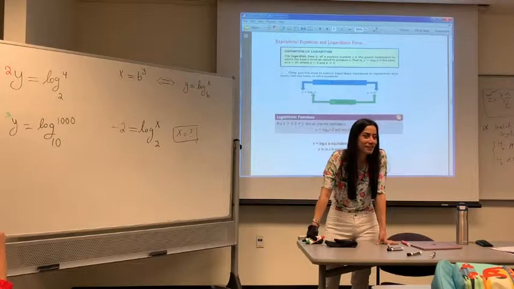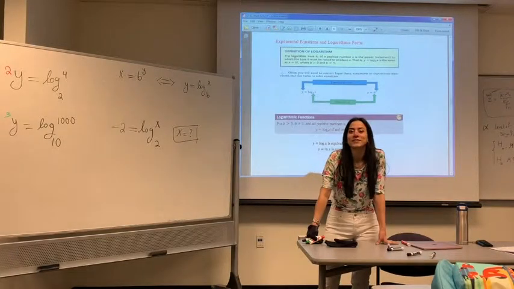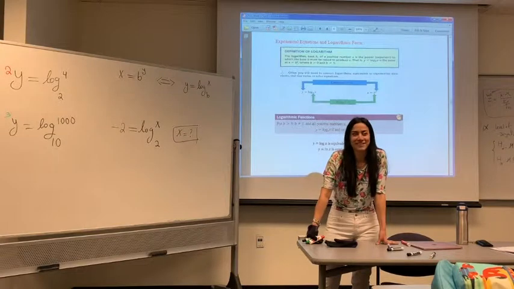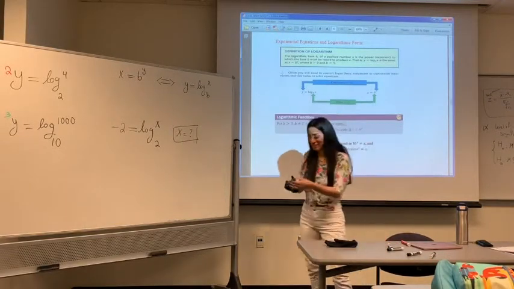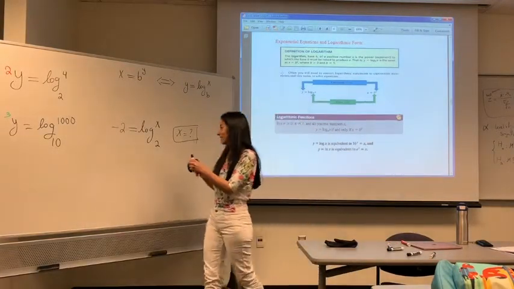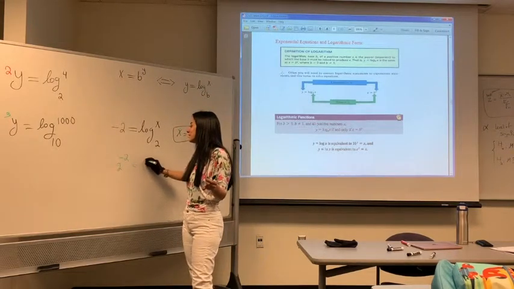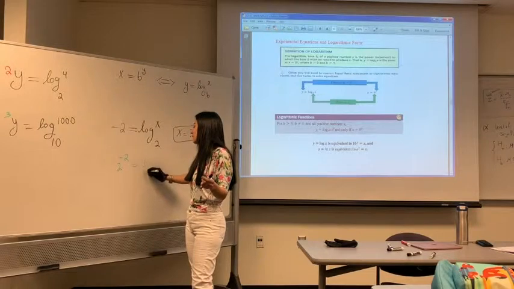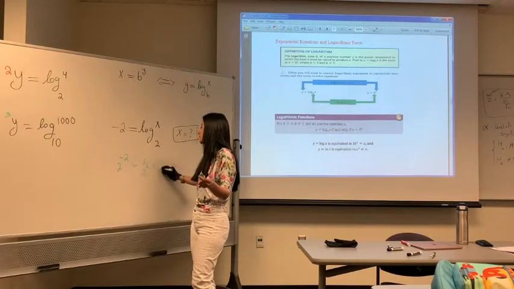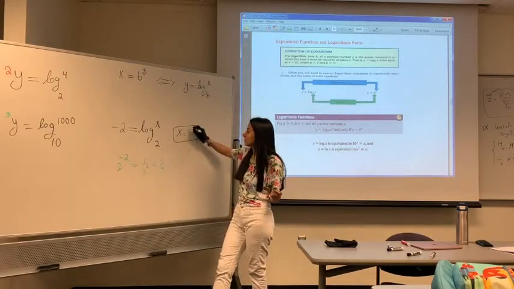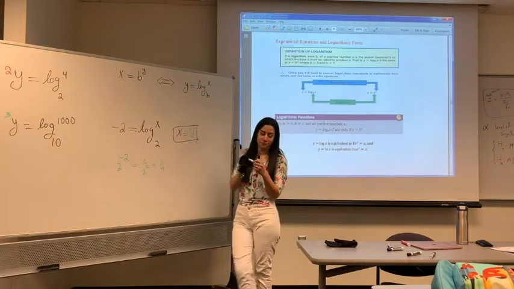Any idea? What is that? 1/4. Right? Oh, 1/4. I was close. So it's positive 2, right? 2 power negative 2 is 1 over 2 power 2, which is 1 over 4. So x is 1 over 4.